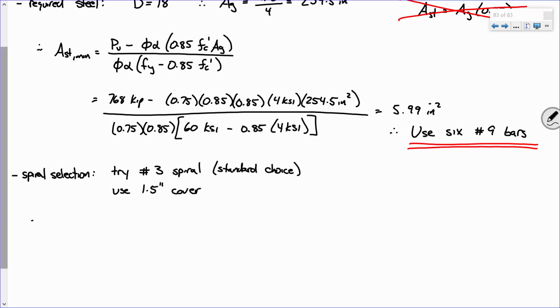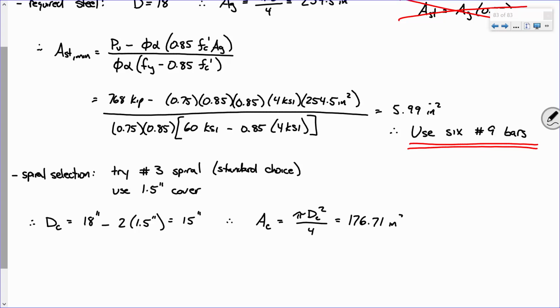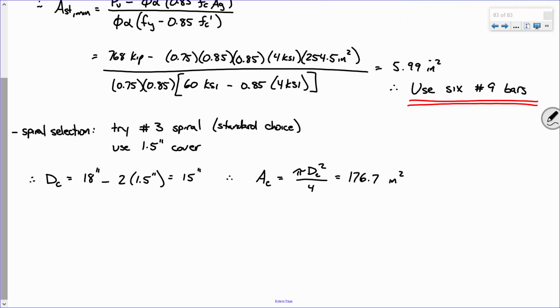So therefore, the diameter of the core is going to be 18 inches minus 2 times 1.5, cover on each end, which comes out to be 15 inches. So that means the area of the core is pi d squared over 4, the diameter of the core. And so that gives us 176.71. Or if you want just 176.7, it doesn't matter.